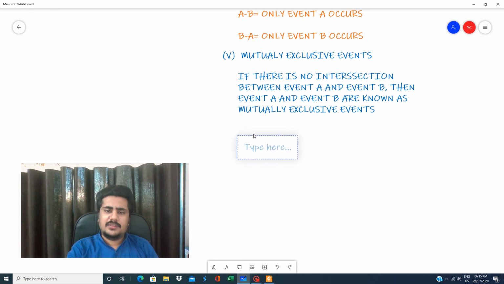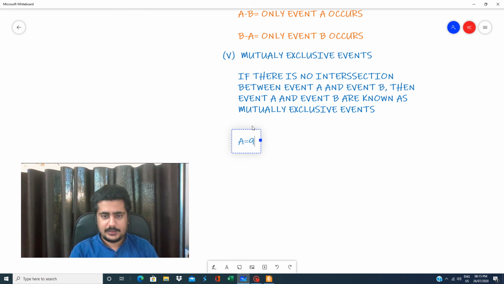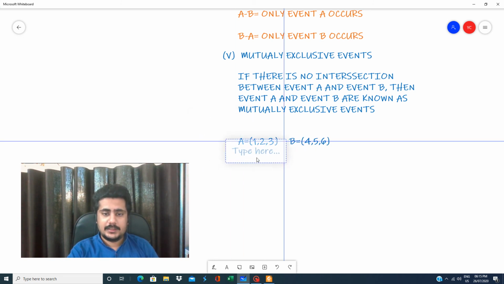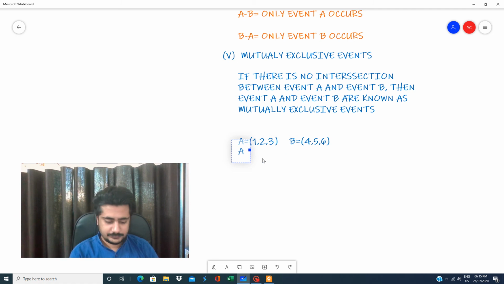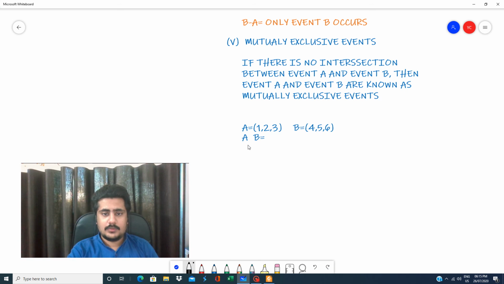If we still have some doubt, then let's take an example. Say event A is 1, 2, 3, and event B is 4, 5, 6. Now here, can you see any intersection? Yes or no?